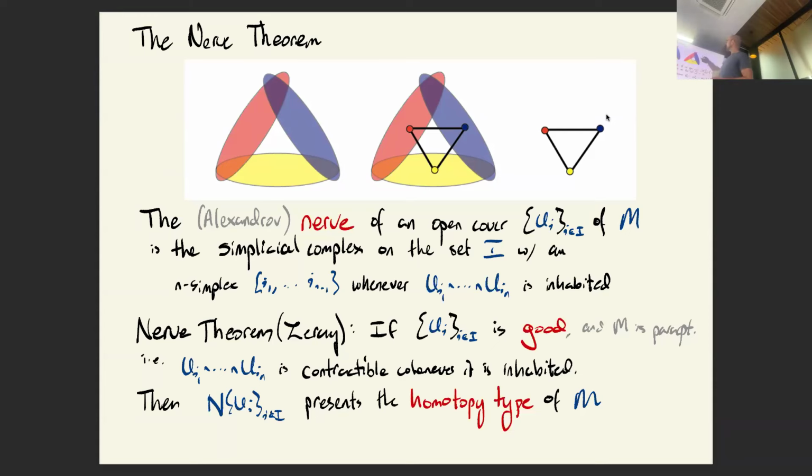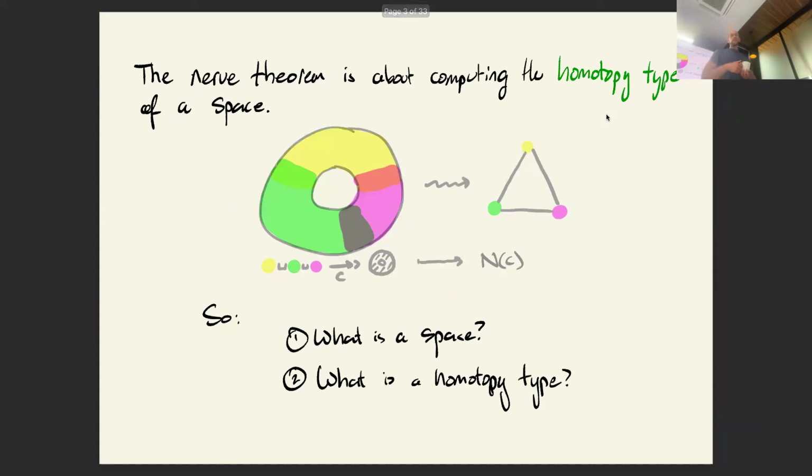That could be represented by this middle point here, and that's going to be the Czech nerve, as opposed to the Alexandrov nerve of the cover.